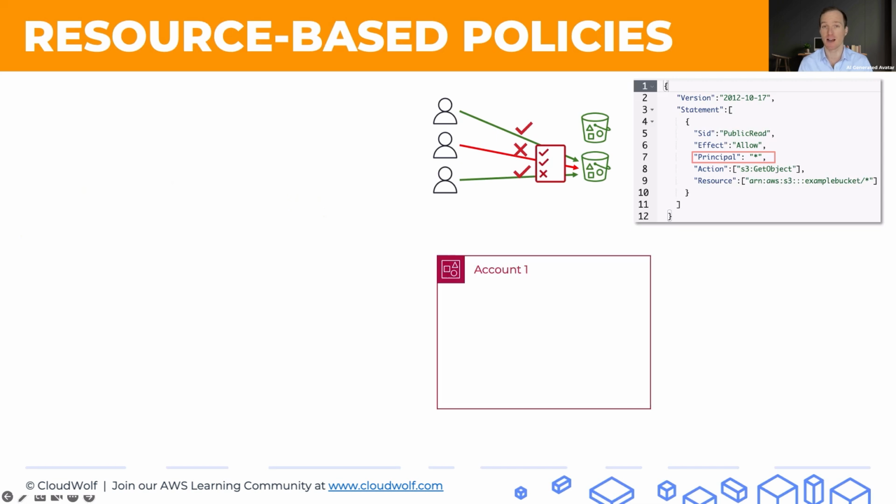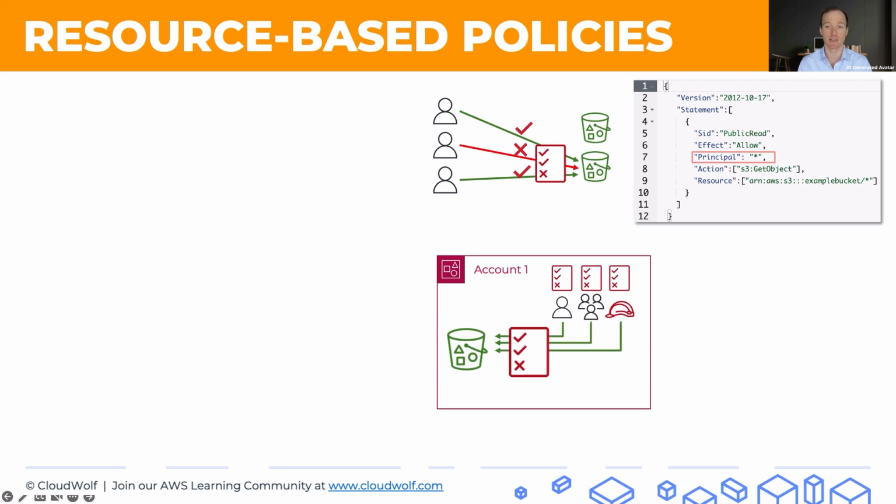Let's have a look at it in action. Here we've got account number one, we've got a bucket with a resource-based policy attached to it, and also in the account there are these identities, and each identity has its own IAM policies attached to it. So now these identities want to access the bucket. What will happen is AWS will evaluate the combination of the policies.